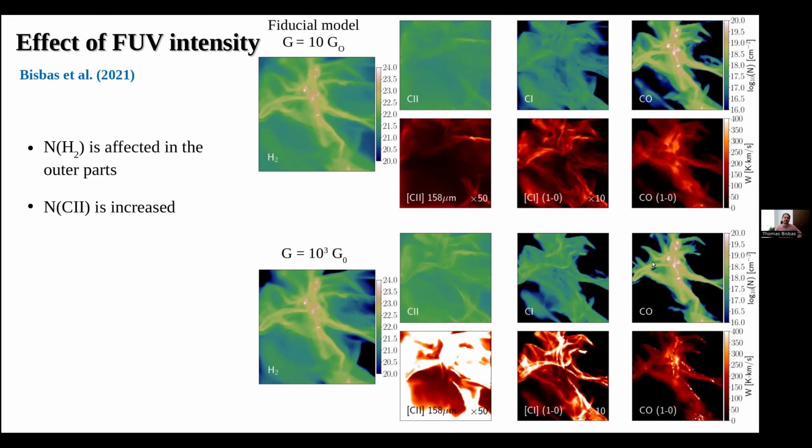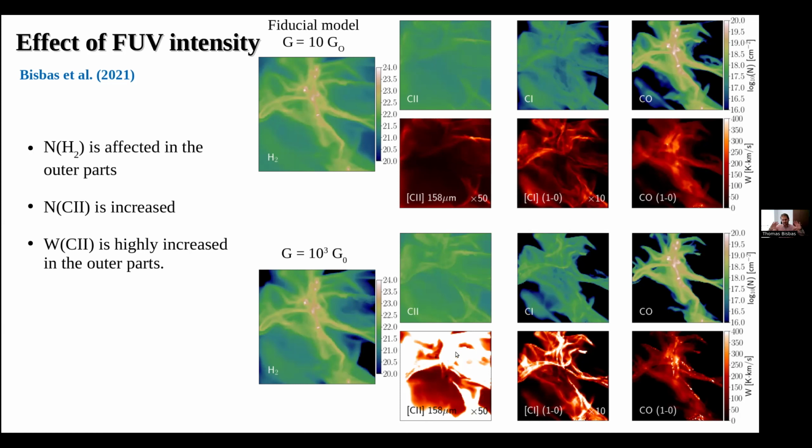But we see that the emission of C+ is significantly increased, is highly increased here because of the interaction of the FUV photons that extinguish quite quickly. So you see here, in relation to the slide before, that C+, although it's much brighter, does not originate directly from the molecular gas as before.